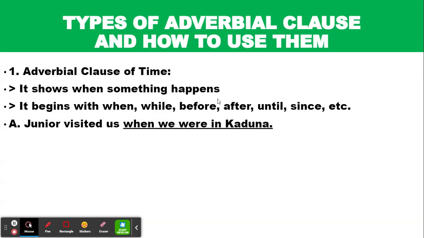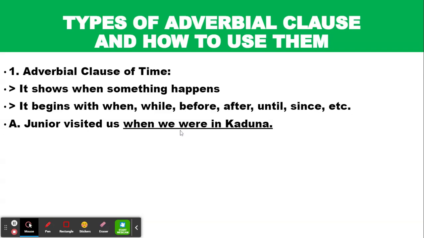Now, an adverbial clause of time can be replaced by an adverb of time or an adverbial phrase of time. For example, we can replace this clause with an adverbial phrase. When did Junior visit us? Junior visited us on Monday.